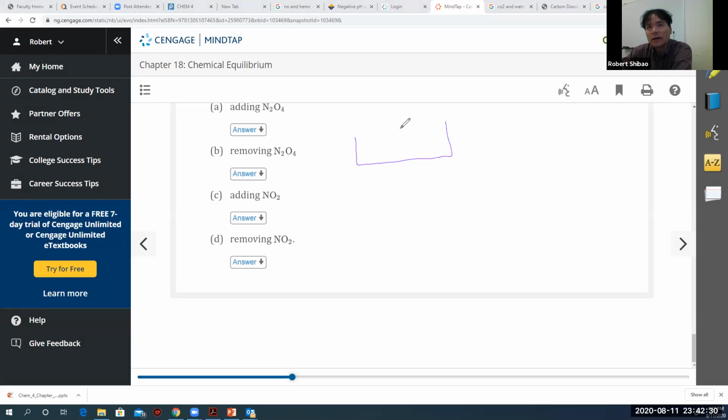So if I had a weird tub like this, here's my reactants, here's my products. In this case, the products are favored. So this is going to be filled with water, and most of the water is going to be on the product side here.